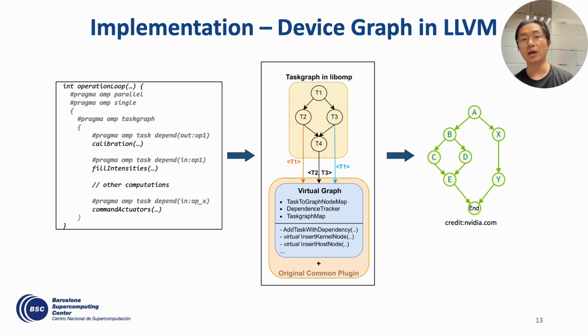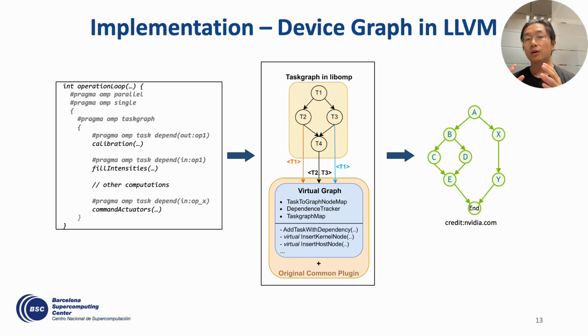First, we will create a proper task graph with the dependencies among the tasks, and then we will create a virtual graph on the offloading runtime inside the LLVM compiler. So why is this graph virtual?